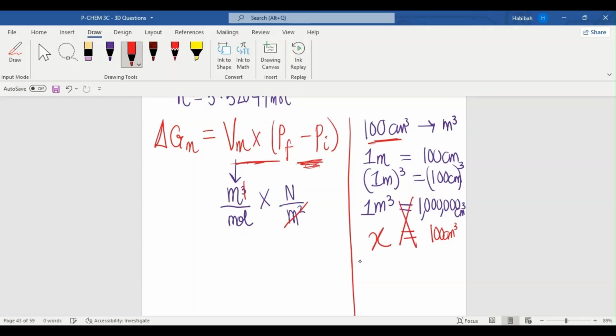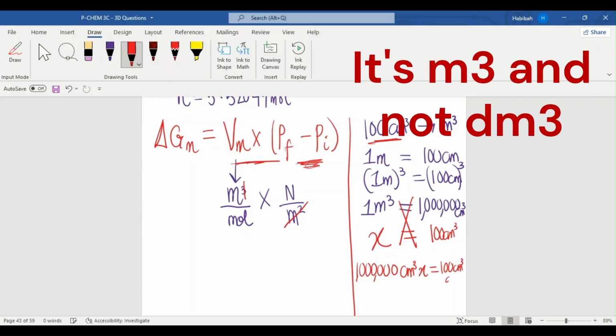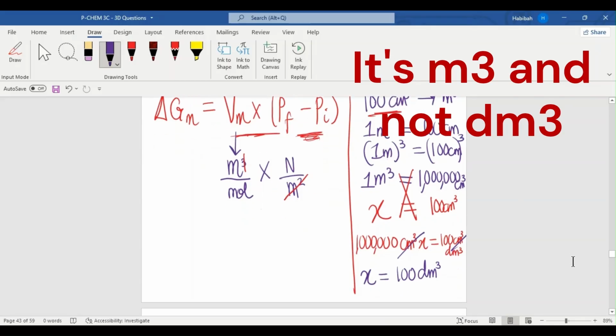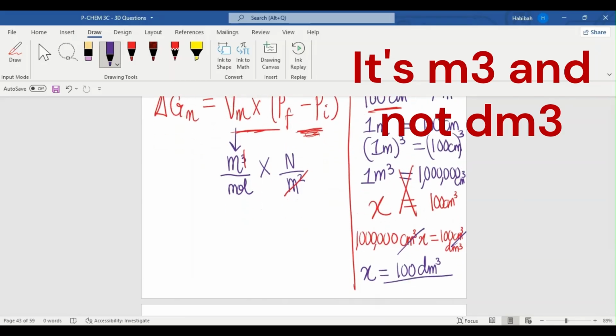So that would be 1 million centimeter cube, X is equal to 100 centimeter cube. Cancel centimeter cube here, cancel centimeter cube here. So X is equal to 100 divided by 1 million.